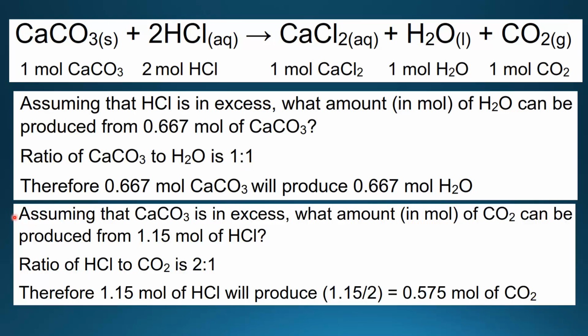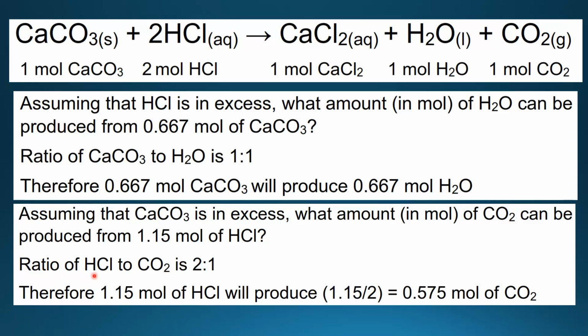Let's try another example. This time, assuming that calcium carbonate is in excess, which means that HCl is the limiting reactant, what amount in moles of CO2 can be produced from 1.15 moles of HCl? We need to look at the ratio again.